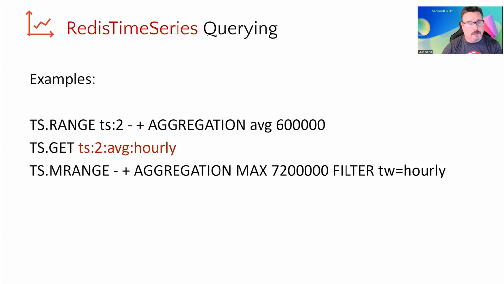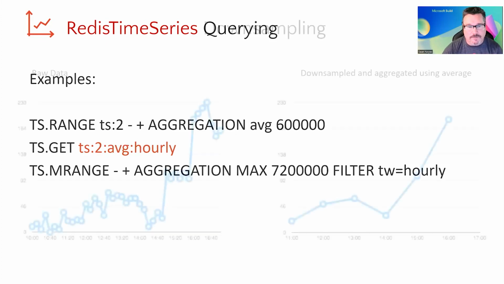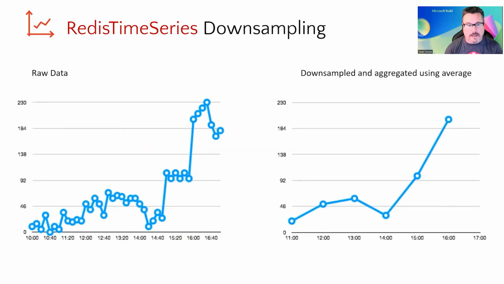So you can also do aggregation. You can do different kinds of querying using these commands, and it's very straightforward, much like the rest of Redis. And it all kind of comes together in this very human example: if you've ever had a lot of data and tried to visualize it in a graph, you can see it just comes out a mess.